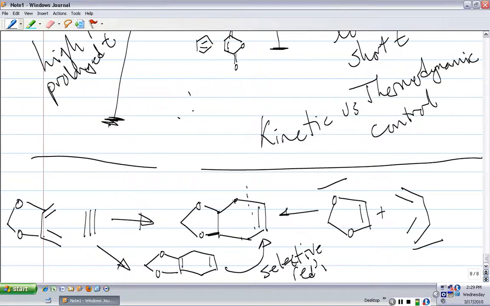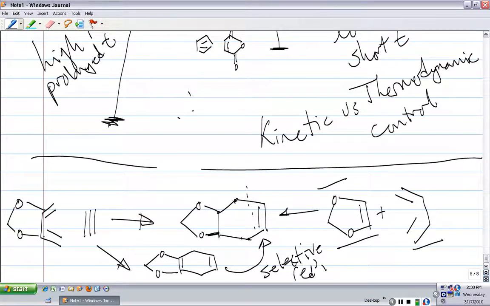But the preferred pathway is actually the pathway on the left, where I have an activated diene and an ordinary dienophile giving rise to this species. I'll do a selective reduction and make my product. That is much preferred over using a strongly deactivated dienophile and an unactivated diene. Okay? So there are certain strategies involved in doing these Diels-Alder reactions.